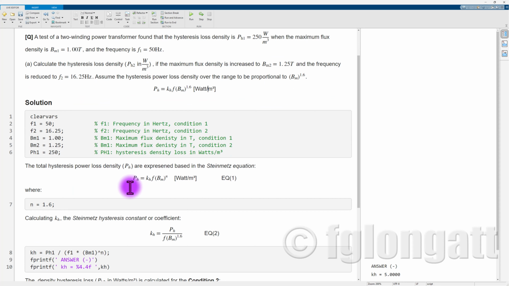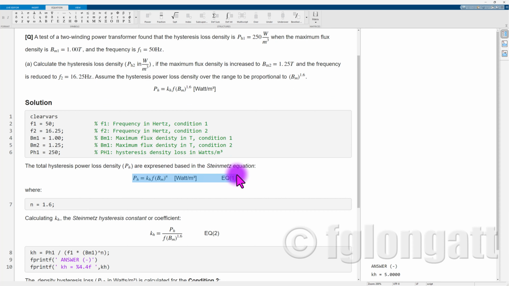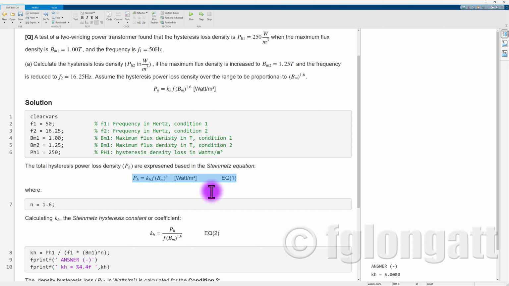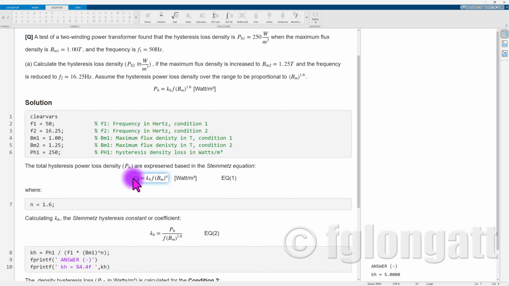So you can see over here, I am presenting equation number 1. Equation number 1 represents what we know as the Steinmetz equation. Over there, you can see that the unit is watts per cubic meter. So from the first operating condition, we know that this is 250 watts.